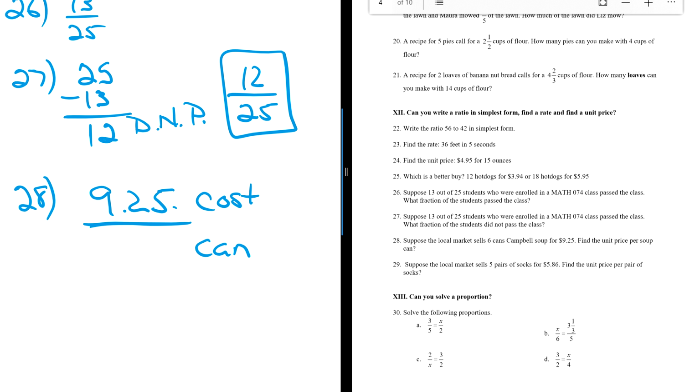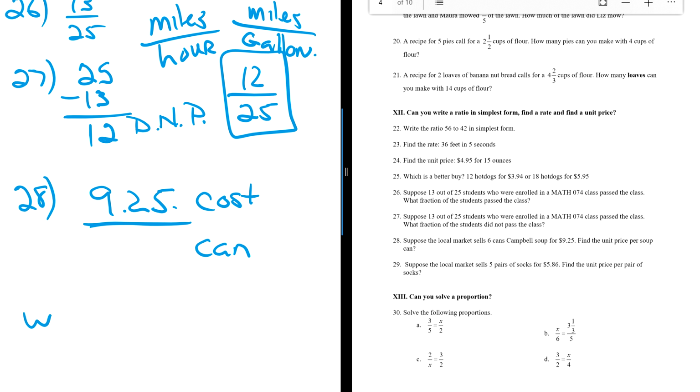You know, like we have miles per hour or miles per gallon. Or when we type, we look for words per minute. Okay? Think of it in those terms. So this is cost per can.